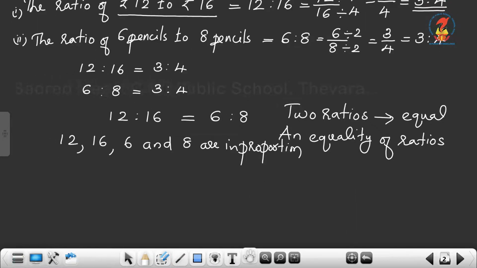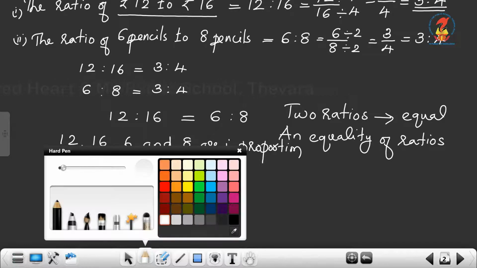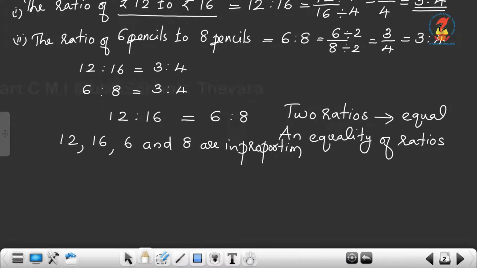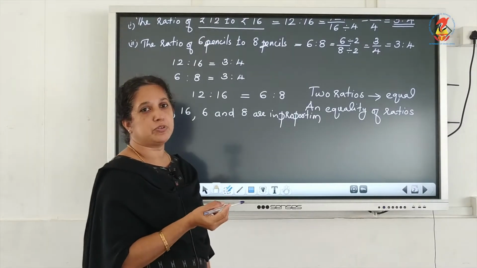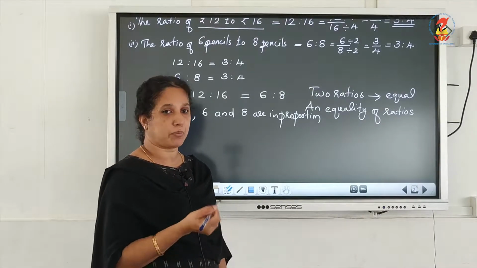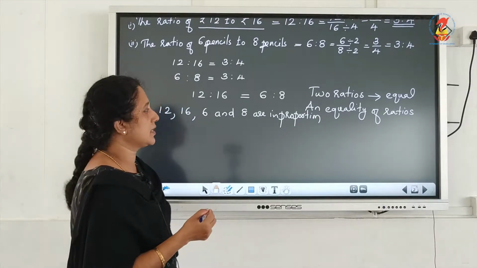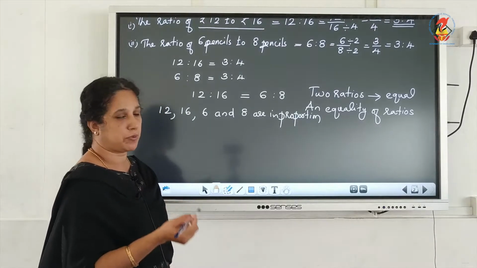The order of the terms is very important, so we cannot change the order. The equality of two ratios we call a proportion. When the two ratios are equal, we call it a proportion.